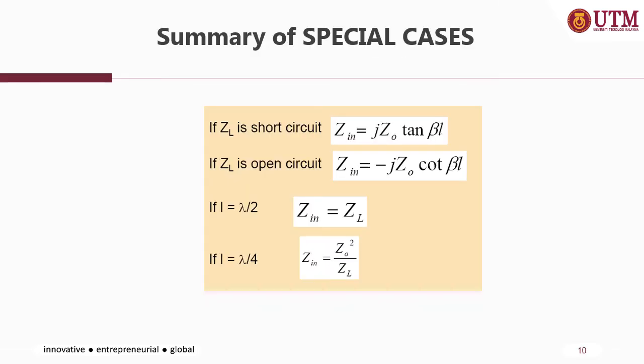Okay, from the two special cases that I have shown earlier, the short circuit and the open circuit, we can summarize the conditions. If ZL is short circuit, so we have ZL equal to 0, the input impedance or the line impedance equals this equation.